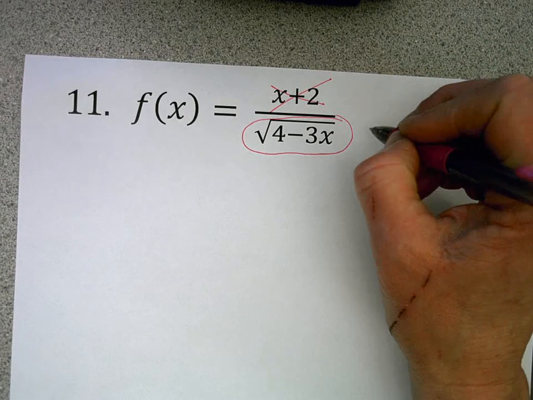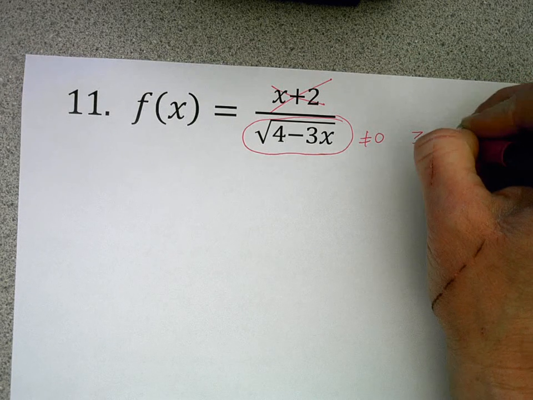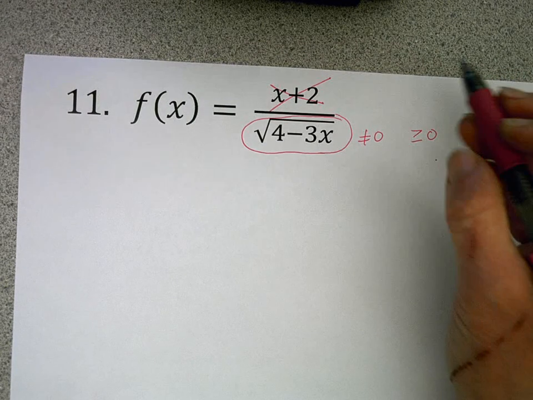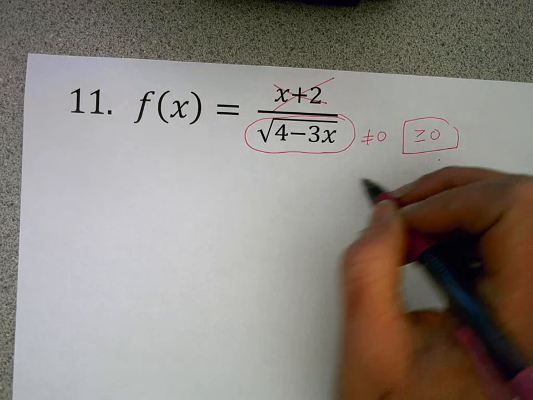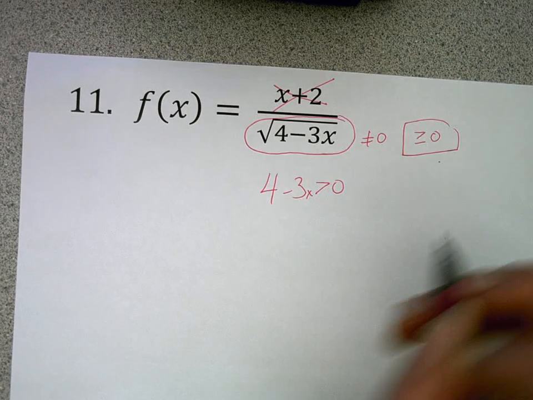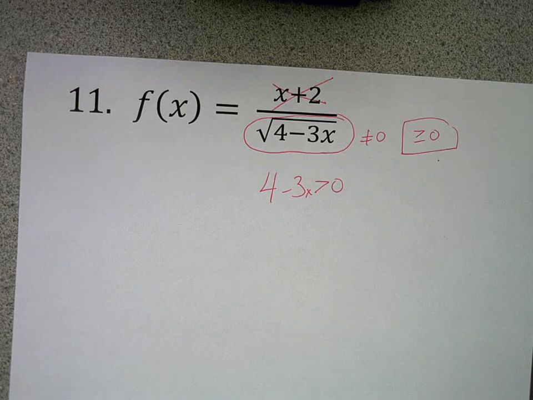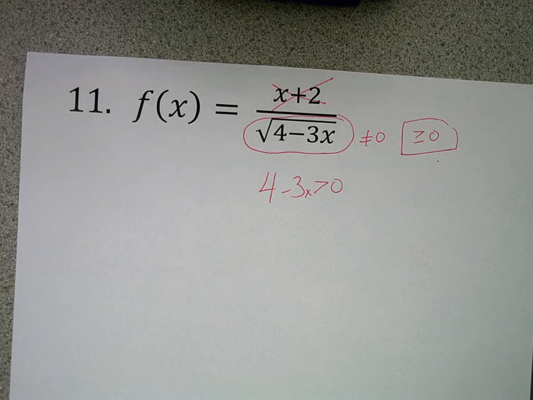Well, it cannot equal 0, and it has to be greater than or equal to 0. Well, that doesn't make sense. So instead of using this symbol, we're just going to use a greater than symbol. So most of the time, square root has to be greater than or equal to 0, but because the denominator has a radical, 0 would not work. Square root of 0 is 0, can't have that in the denominator.